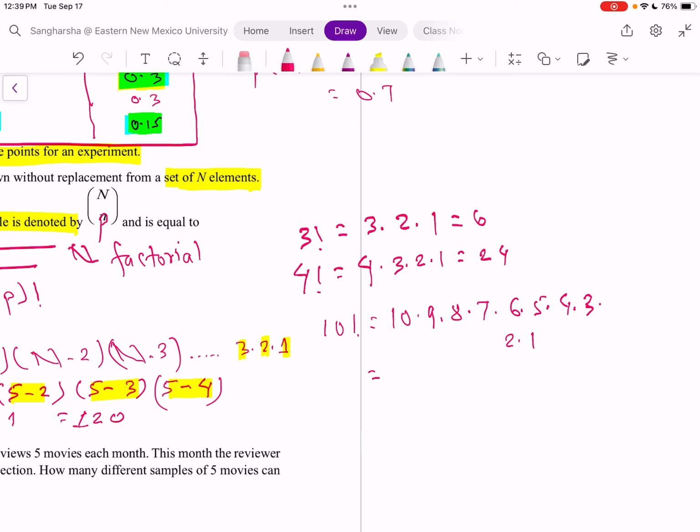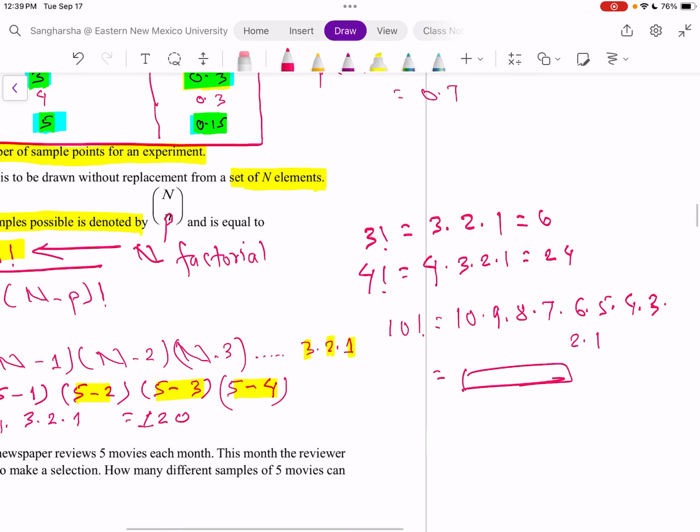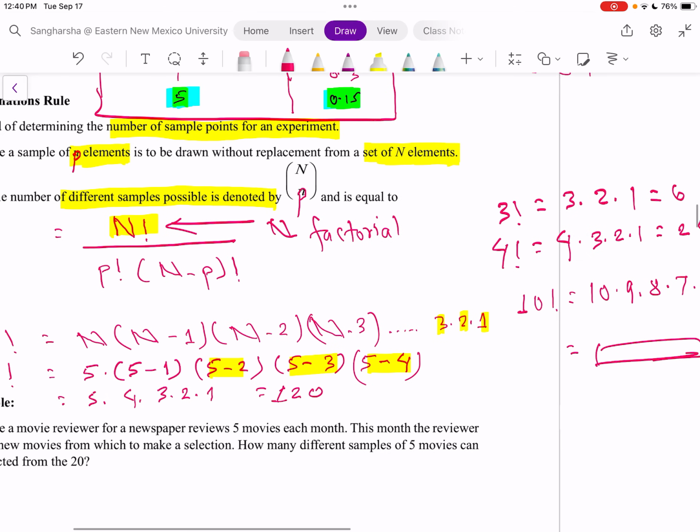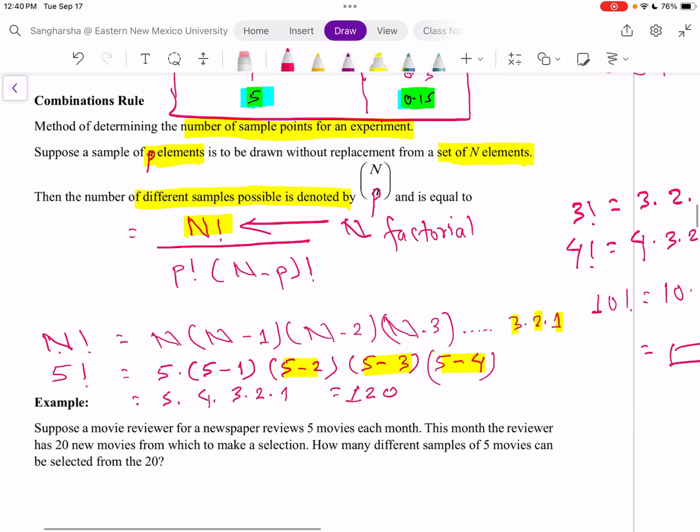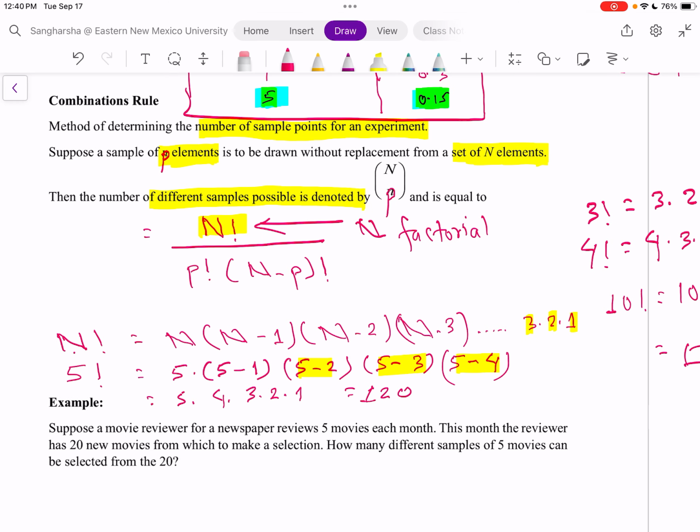That's a big number. But yes, you can find this factorial sign on your calculator. You try the number, hit the factorial sign, and it gives you the final answer. This is how we define the factorial. Now let's do an example here.